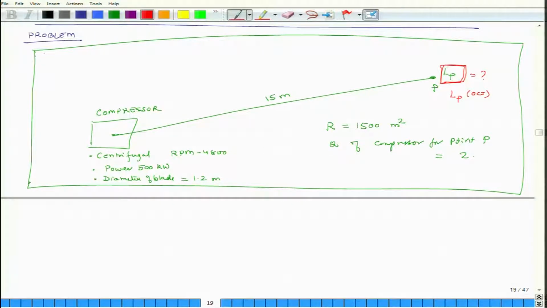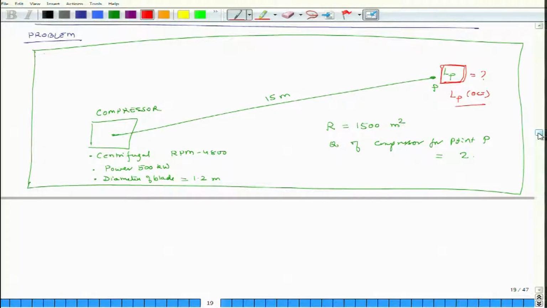It is a pretty big compressor. Blade diameter is 1.2 meters, sitting in a large room, 1500 square meters is the room constant. Directivity with respect to point P is 2. So, we have to find sound pressure level overall and for each octave band.